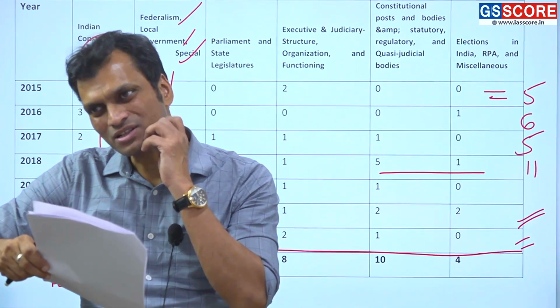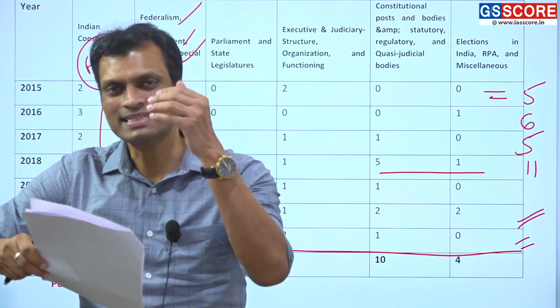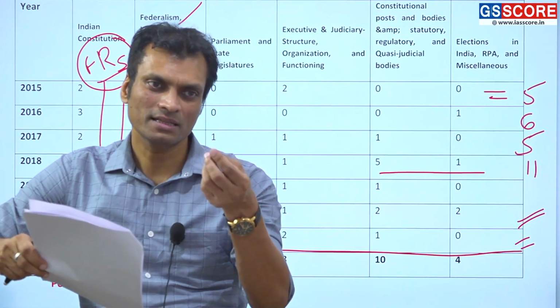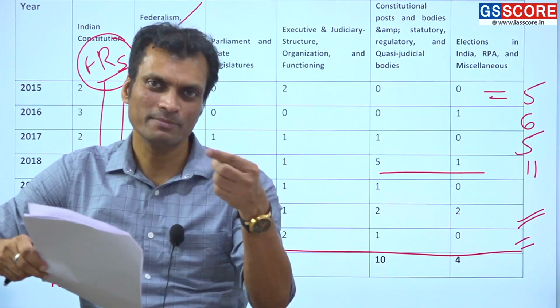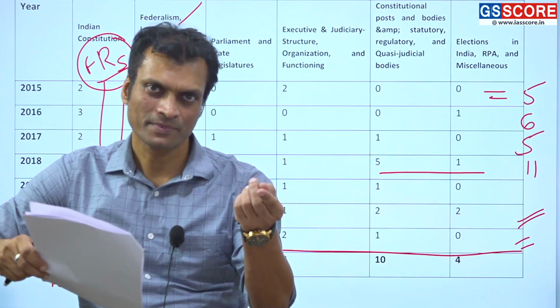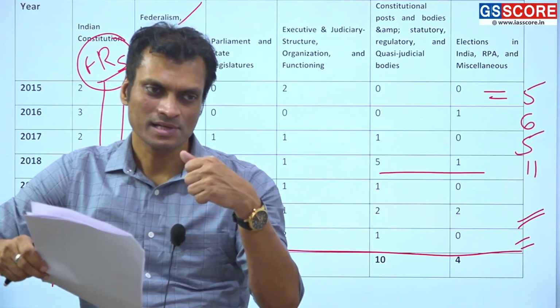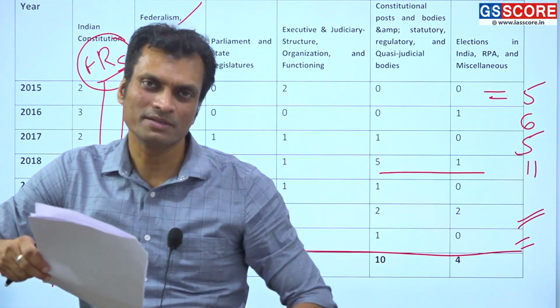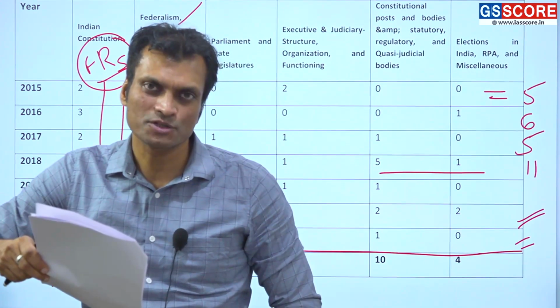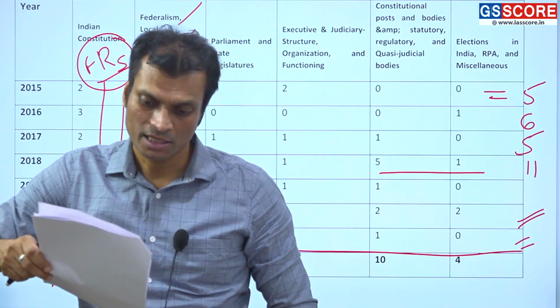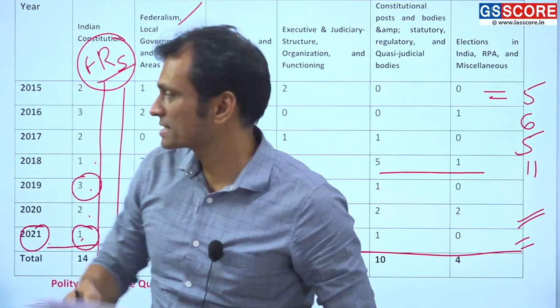So the question is not about any static thing, but always about a general thing: why women are less, how their number can be increased, and what can be the possible benefits from increasing women judges in higher judiciary. The overall concept you can understand will be there.